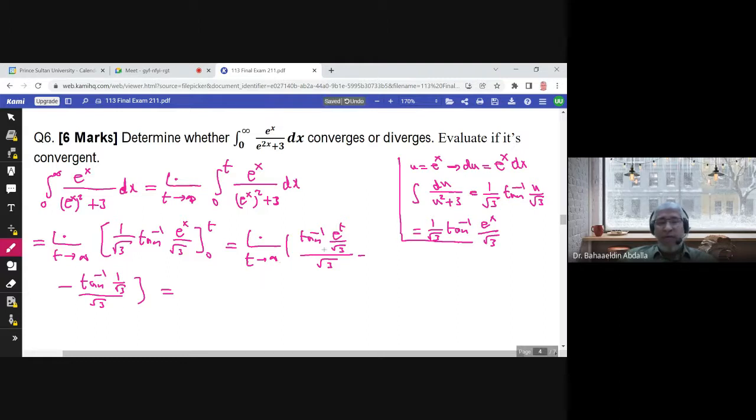When I take t to infinity, e to the power infinity is infinity, infinity over a number is infinity, tan inverse infinity is pi over 2. This is tan inverse infinity over square root of 3 minus tan inverse 1 over square root of 3. If you use the calculator and find tan inverse 1 over square root of 3, be sure to be in the radian mode. The calculator will say that the answer is pi over 6.